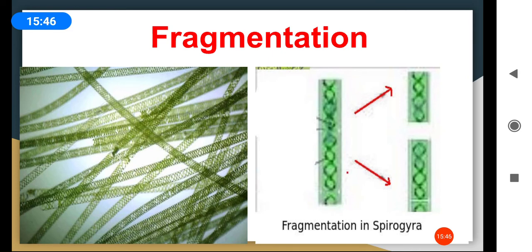After maturation, the body of the Spirogyra is fragmented into small pieces. Each piece develops into a new young one. So in Spirogyra, they produce fragments, and these fragments develop into new young ones. This process is called fragmentation.